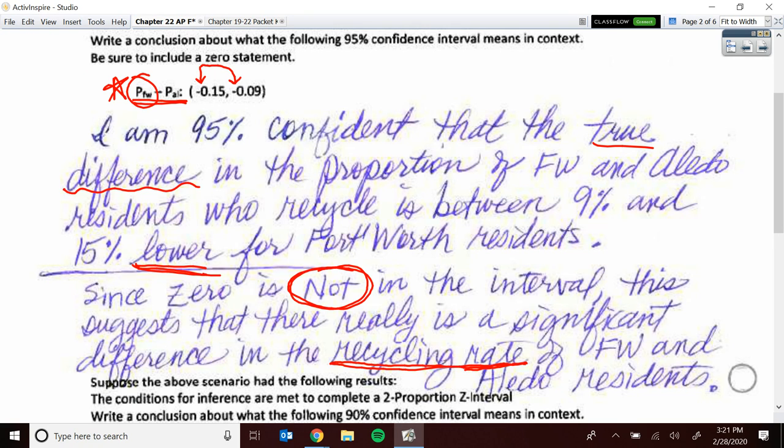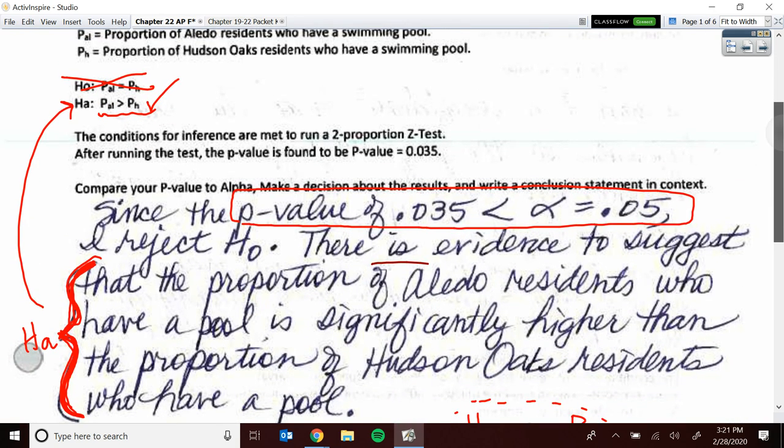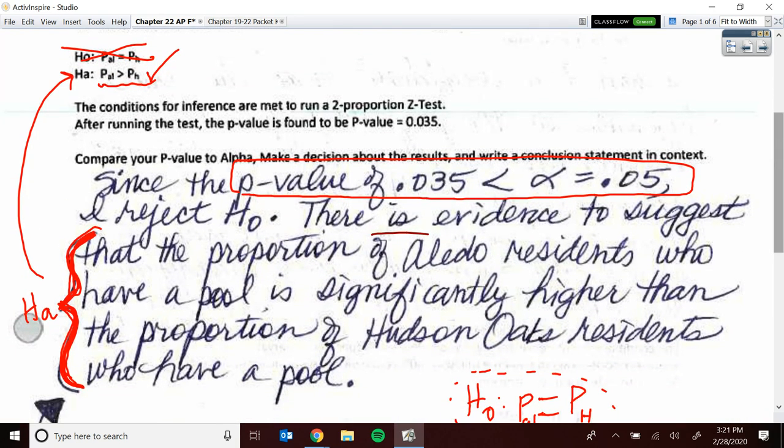Before I do that last problem, I just wanted to mention something to you that I'll be looking for as I grade. And so I just remembered that, so I'm going to actually come back here. I saw many conclusions as I was going around helping you on Friday, where it said there is evidence to suggest something that, you would say like the Aledo residences who have a pool is higher than the Hudson Oaks residents.